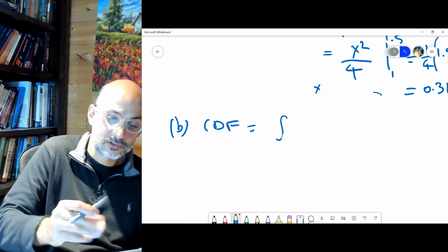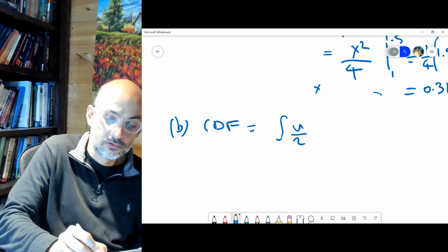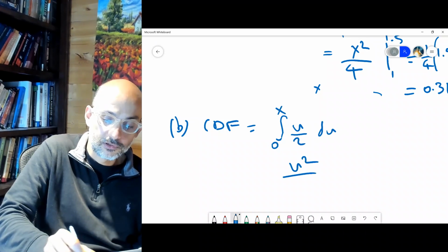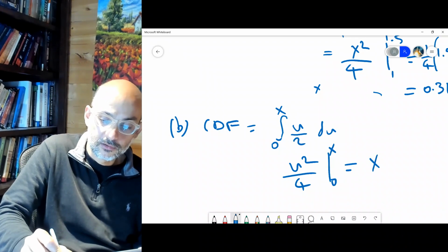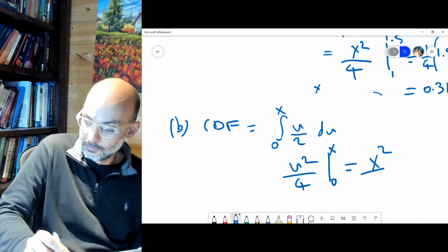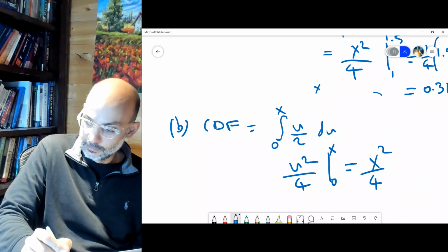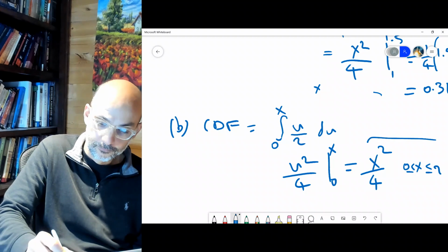If it doesn't work, it's a challenge. So I wanted to say u over 2 from 0 to x du. Right, so it becomes u squared over 4 from 0 to x, so x squared over 4, for us here. This is our CDF, and of course it is defined for x between 0 and 2.